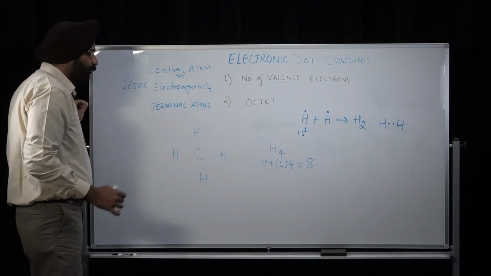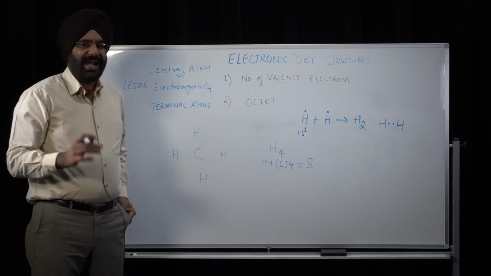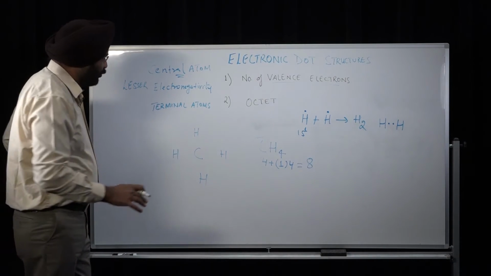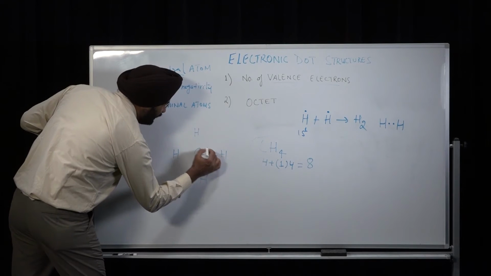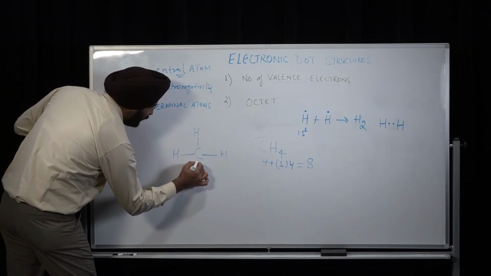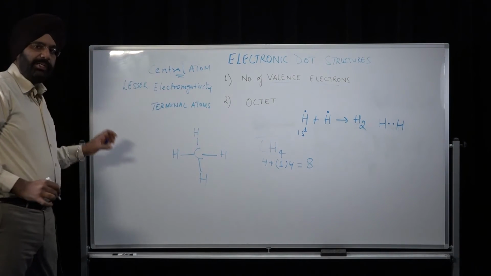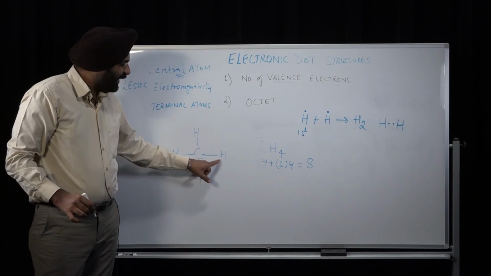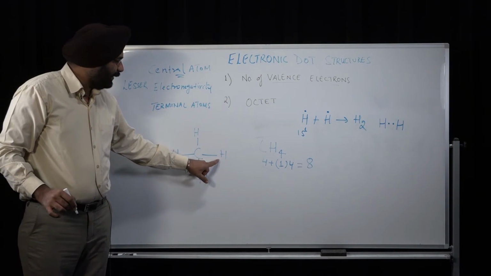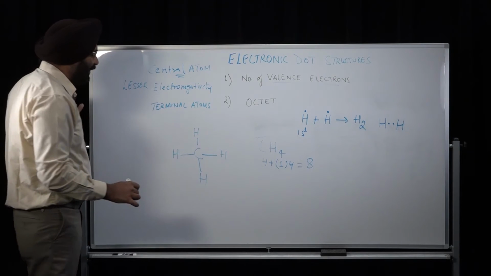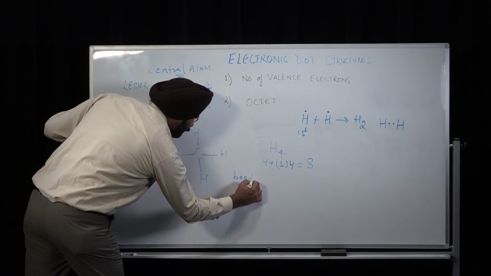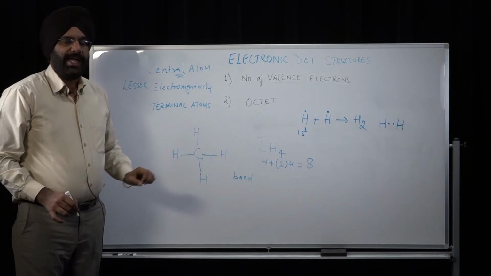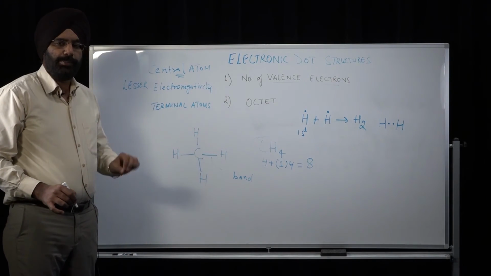Once we have figured it out, our next step is to join all the terminal atoms with the central atom. So that's what I'm doing here. What these lines demonstrate is a bond. And what is a bond composed of?